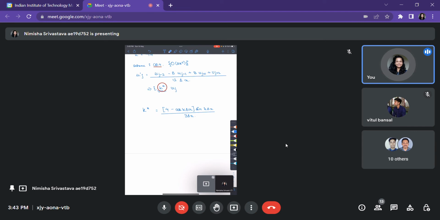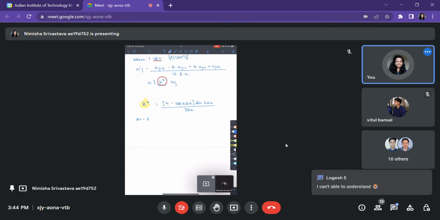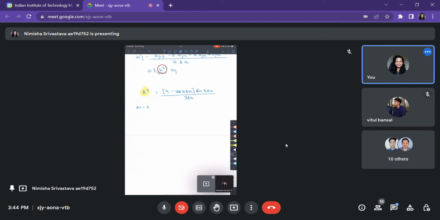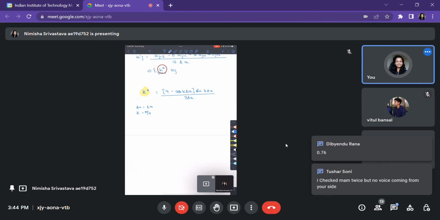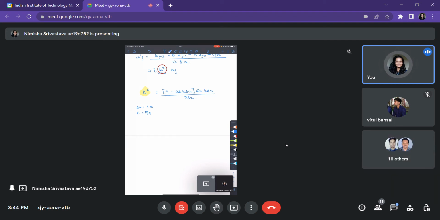So basically, this is the formula for the modified wave number over here, K star, right? Can you just compute it for me? Over here, delta x is 1 meter, like we saw. K is pi by 4, and these are the only two things that you need to know.